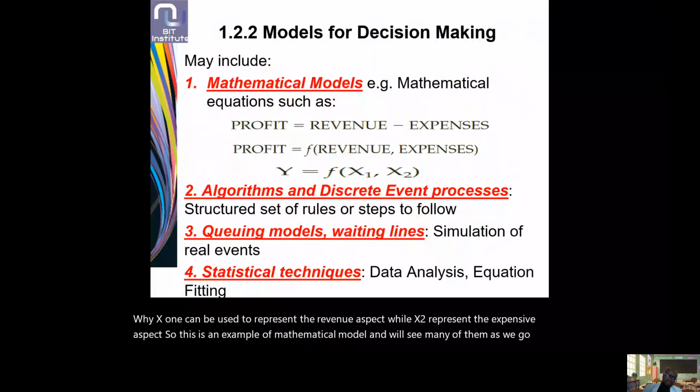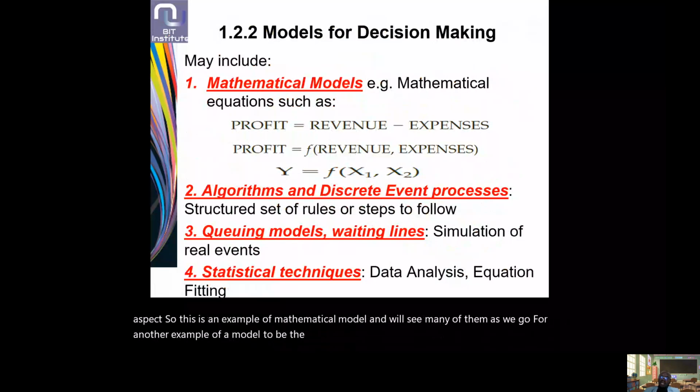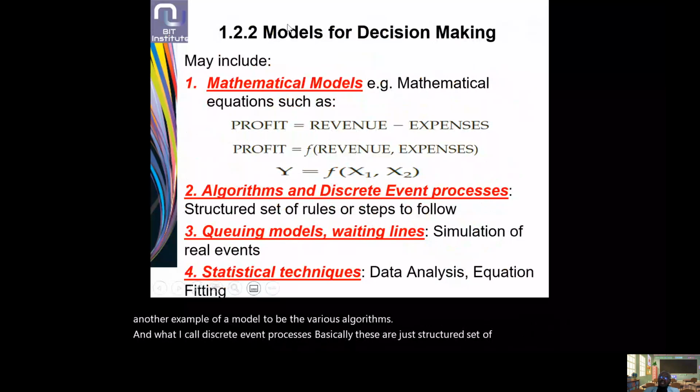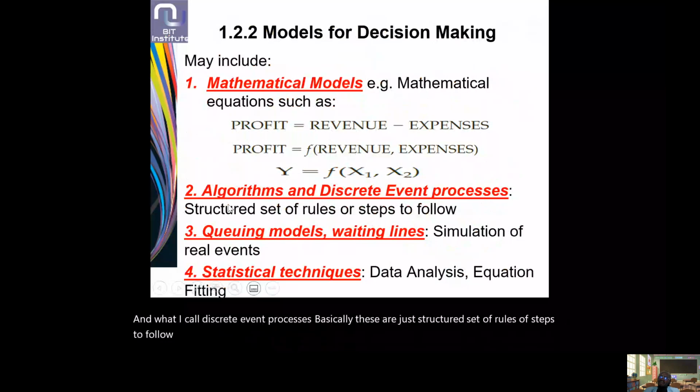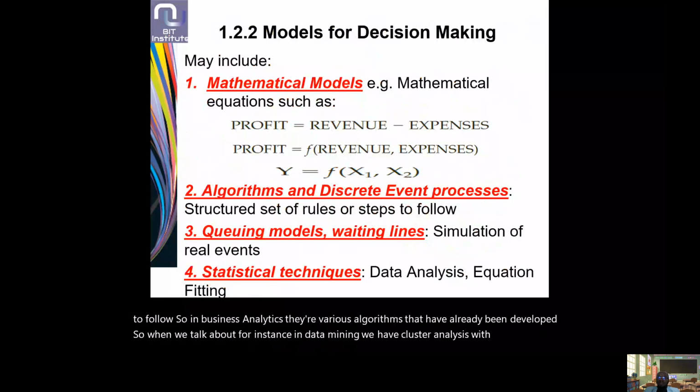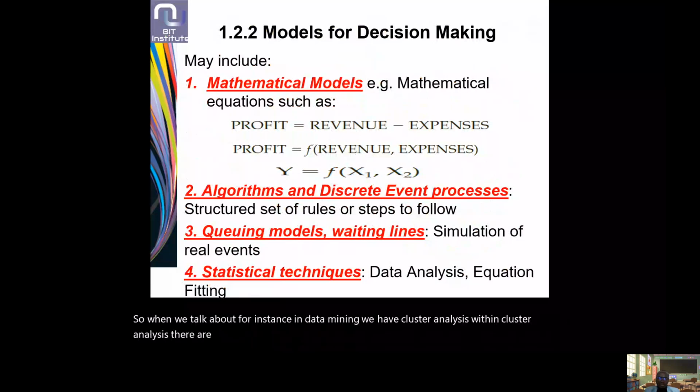Another example of a model could be the various algorithms and what are called discrete event processes. Basically, these are just a structured set of rules or steps to follow. So in business analytics, there are various algorithms that have already been developed. So when we talk about, for instance, in data mining, we have cluster analysis. Within cluster analysis, there are several algorithms or procedures for doing that process of cluster analysis.